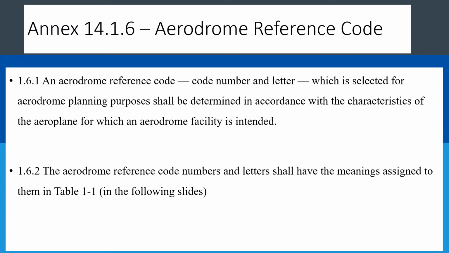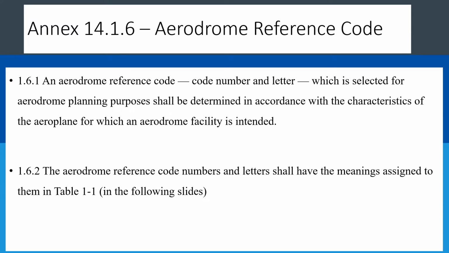So every aerodrome has an aerodrome reference code. This aerodrome reference code was determined while the aerodrome was being constructed. And if you are planning to build a new aerodrome or expand an existing one, then what you should be thinking about is what your aerodrome reference code will be.